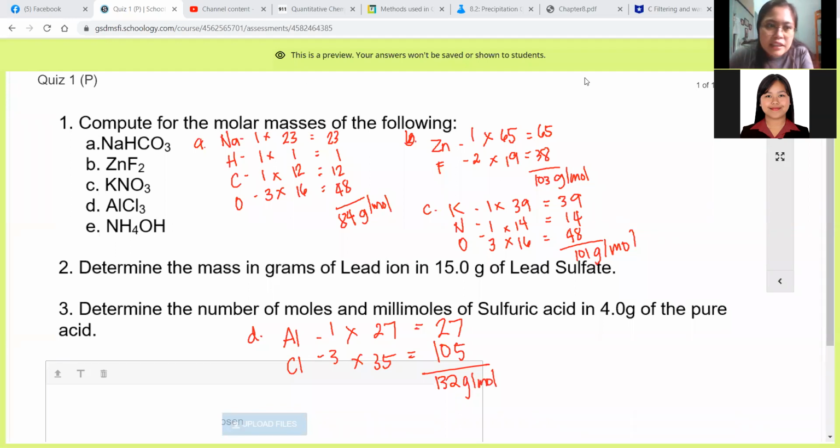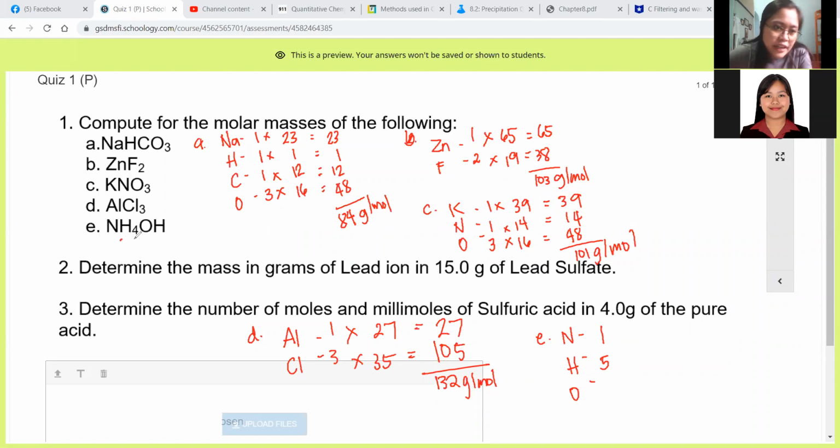How about letter E? How do you read the name of letter E? Ammonium hydroxide. Okay, ammonium hydroxide. NH4 is ammonium, plus ammonia is NH3. NH4OH. You have 1 nitrogen, 5 hydrogen.